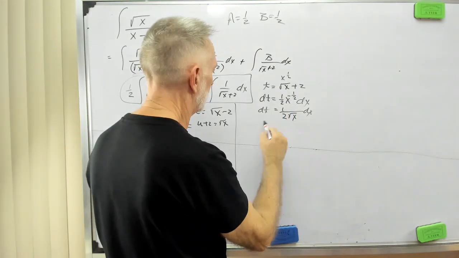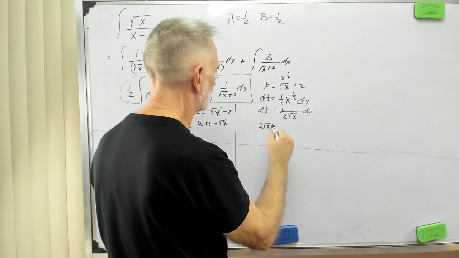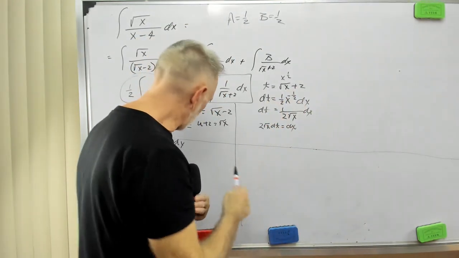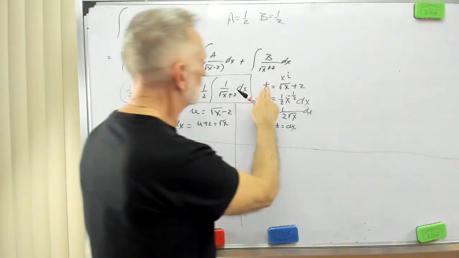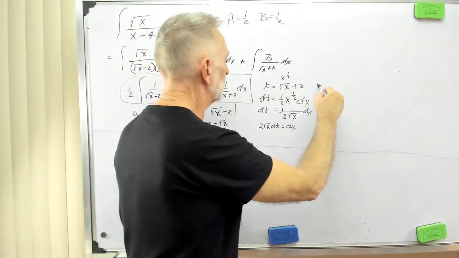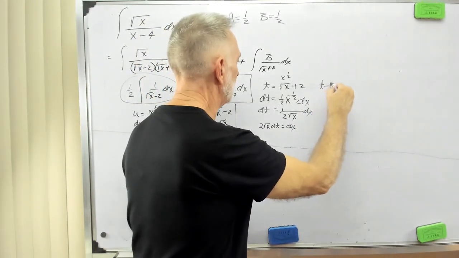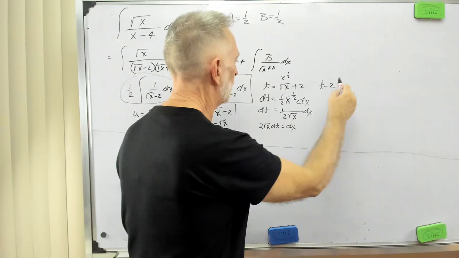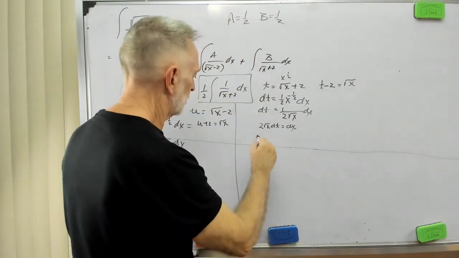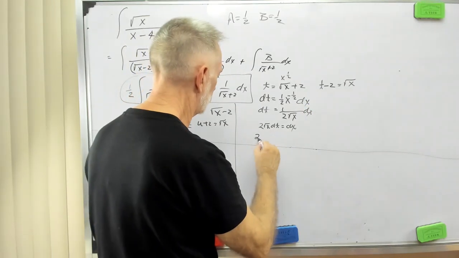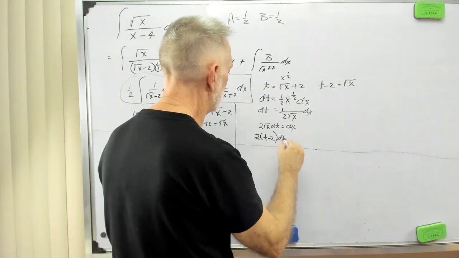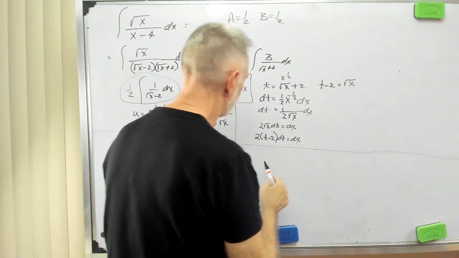Okay, now then, 2 square root x dt equals dx. Let's go back to what we did earlier. We have t equals square root x plus 2. So that means t minus 2, if I subtract 2 from both sides, equals square root x. So let's plug this in here. I have 2 times (t minus 2) dt equals dx.